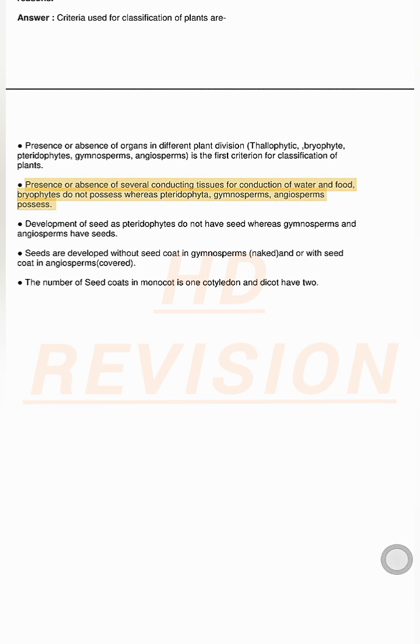Bryophytes do not possess them, whereas pteridophytes, gymnosperms, angiosperms possess them. Development of seed, as pteridophytes do not have seed, whereas gymnosperms and angiosperms have seeds. Seeds are developed without seed coat in gymnosperms, naked, and with seed coat in angiosperms, covered. Monocots have 1 cotyledon and dicots have 2.